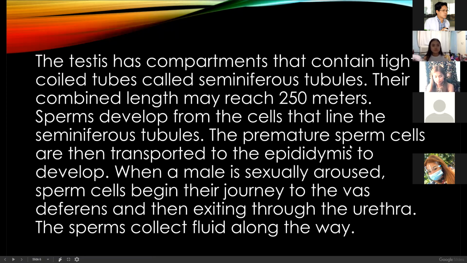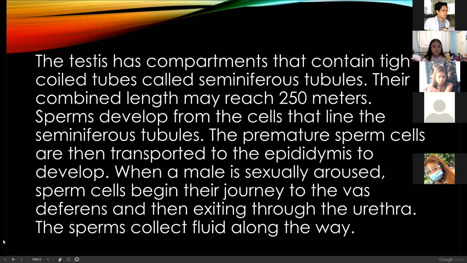The testes have compartments that contain tightly coiled tubes called seminiferous tubules. These seminiferous tubules are inside the testes. These are coiled tubes, and their combined length may reach 250 meters. Sperms develop from the cells that line the seminiferous tubules. The premature sperm cells are then transported to the epididymis.